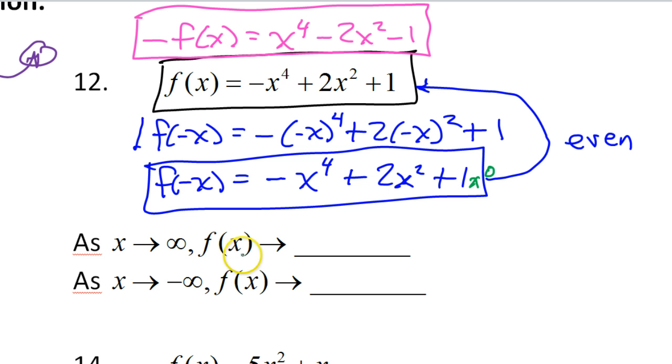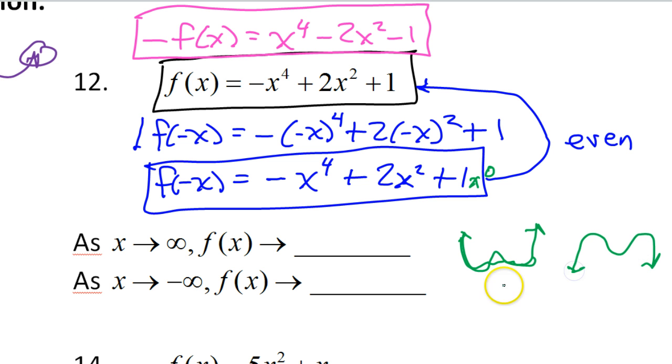Now, as far as end behavior, you see that this is an even degree function. The degree is 4. So that lets us know we should be picturing some type of a parabola-like shape. Okay? So it's just a matter of, is it going to be an upward facing W? Or should it be more like an M?